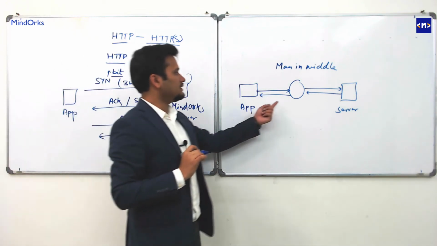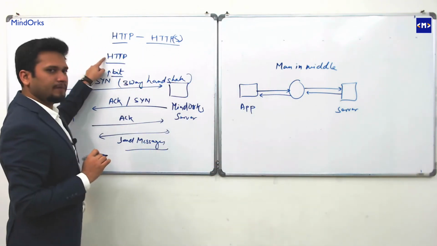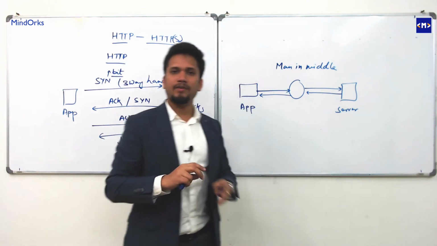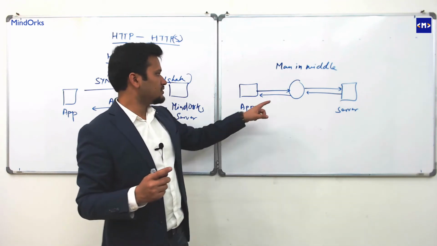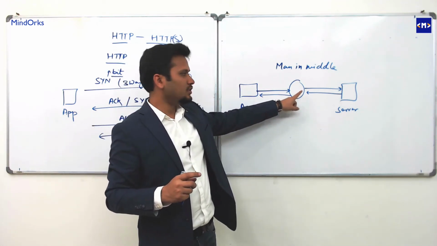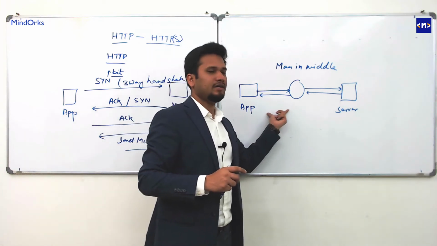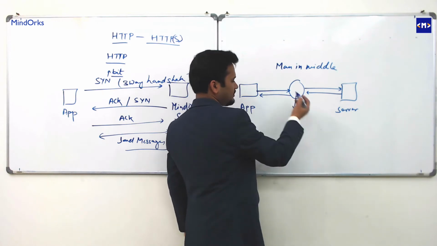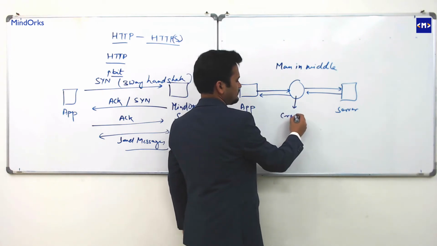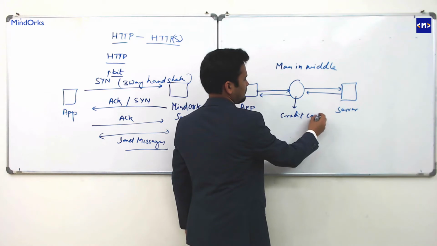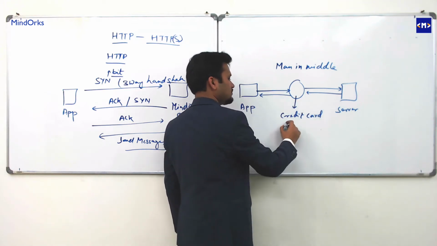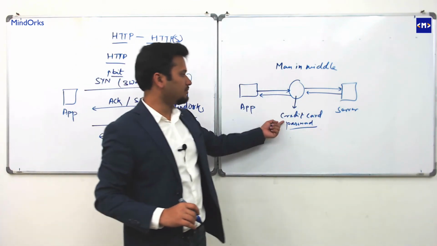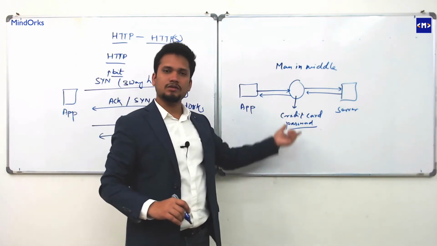Now since it is HTTP, all the messages sent by the app and server can be read by anybody, they are human readable. So this man in the middle will be able to read what the app is sending and what the server is sending back. It will be able to capture everything, for example our credit card, any crucial passwords, and it can use those credit card numbers and passwords to do something very bad.